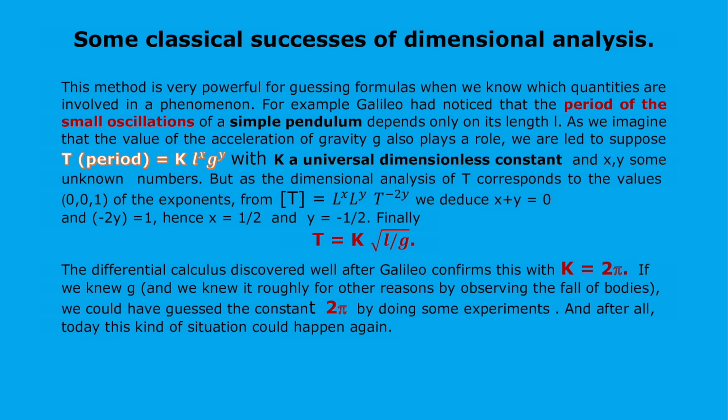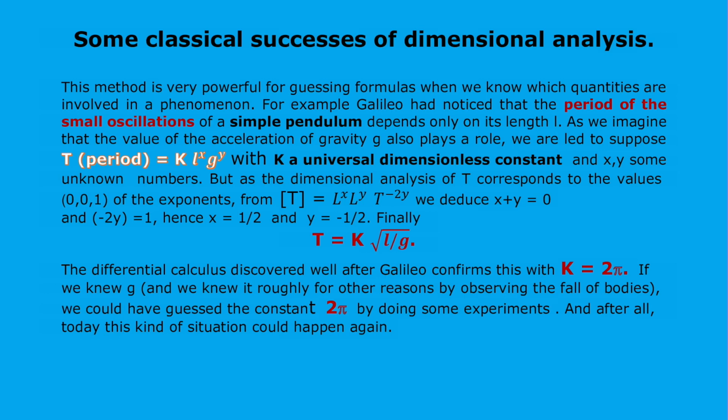As we imagine that the value of the acceleration of gravity g also plays a role, we are led to suppose T, the period, equal to k L^x g^y, with k a universal dimensionless constant and x, y unknown numbers.